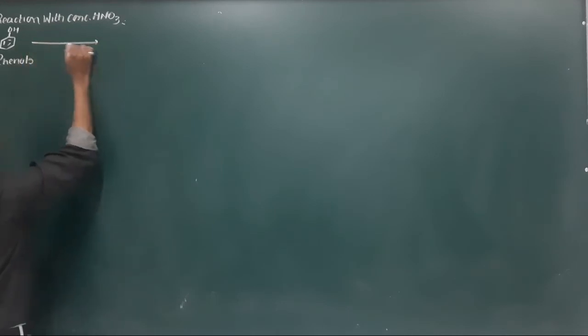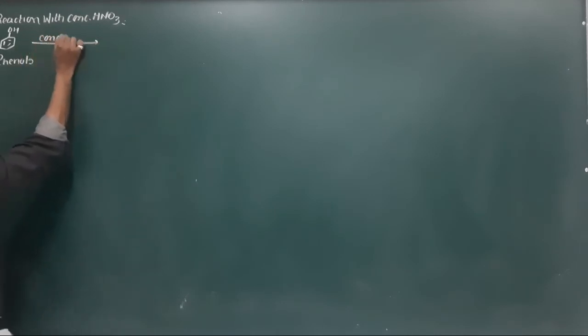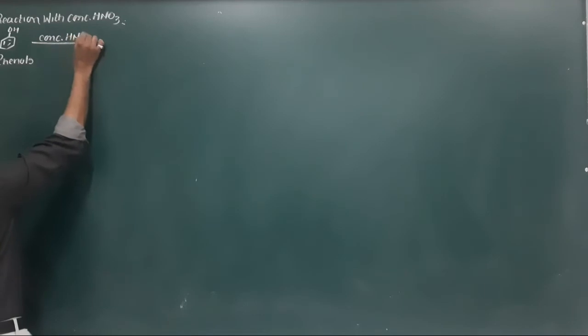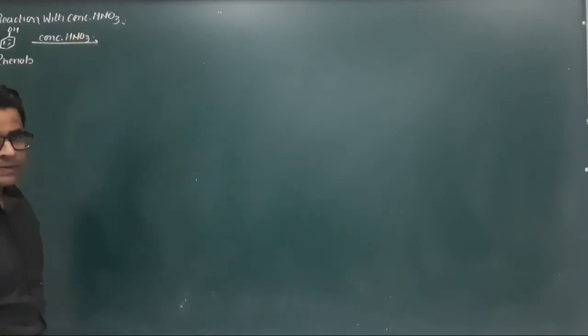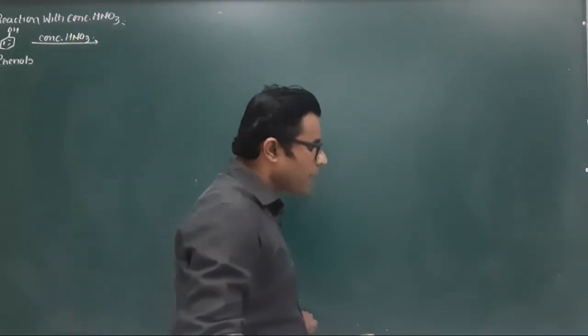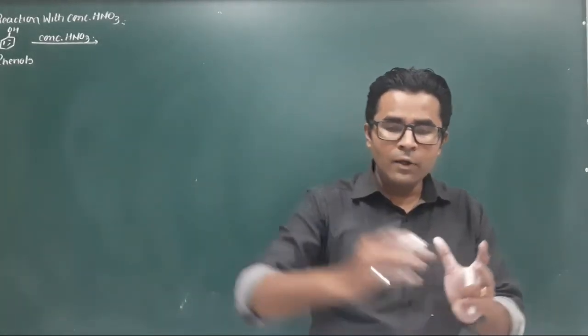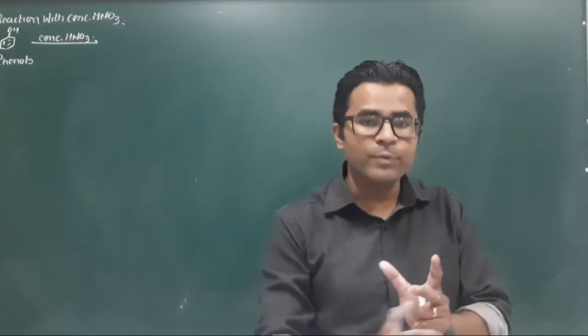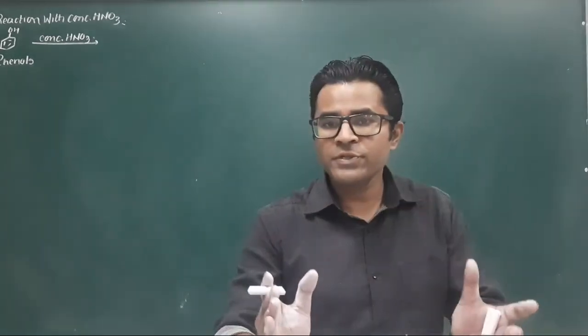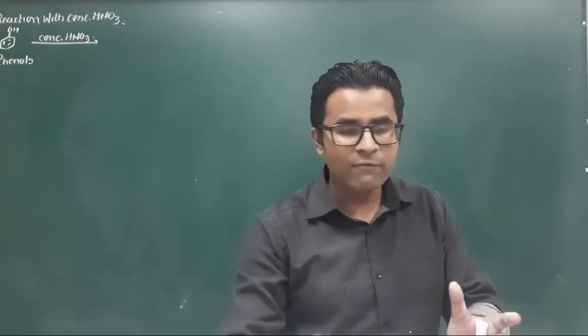So when we have the reaction of phenols with concentrated nitric acid, here we get a single product. But in this single product, the electrophiles, that is the NO2, are going to attack at all the three positions available, that is the two orthos and one para position. So let's observe this one.